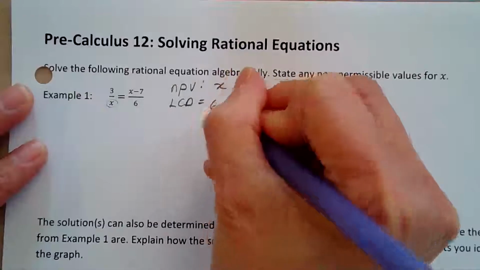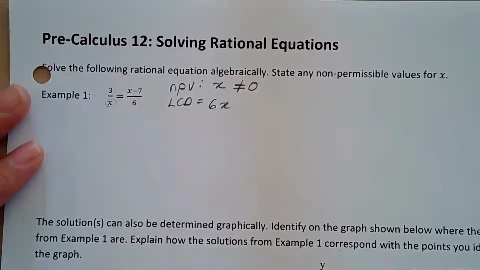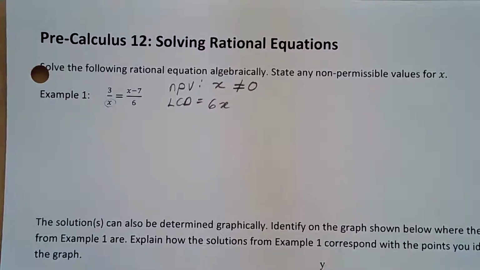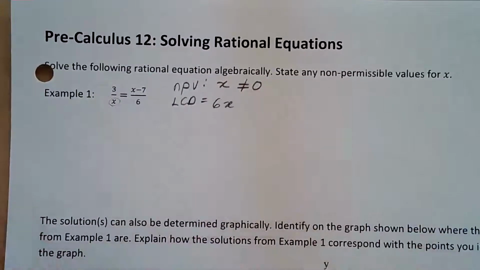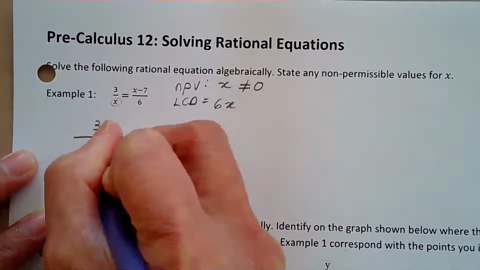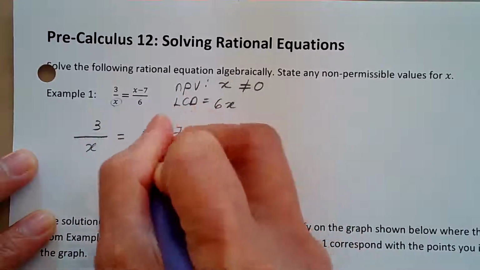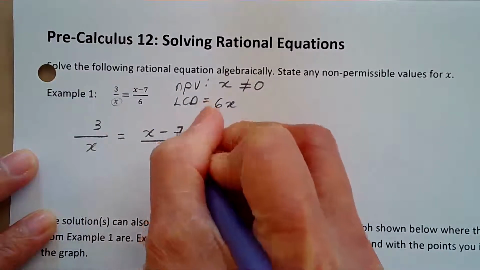6x, okay? Is everybody okay with that, 6x? Yeah, it's okay to proceed. So what we're going to do is multiply each side of the equation by 6x so that we can get rid of the denominator, okay? So 3 over x equals x minus 7 over 6.